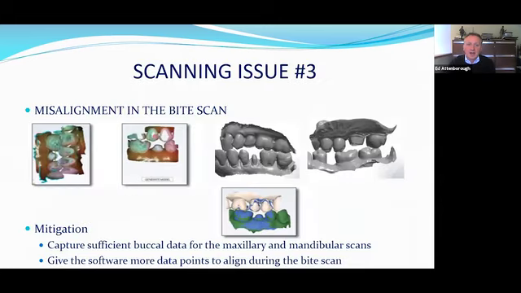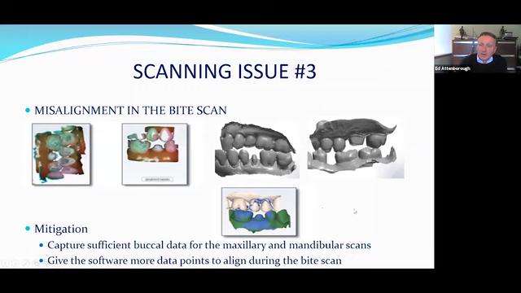The third scanning issue that we've got is misalignment in the bite scan, and this is really quite common. That is due to basically, as we said, the buccal bite scan not aligning exactly with the individual model scans. And the more data you can provide here, capture sufficient data, and that'll give more information.